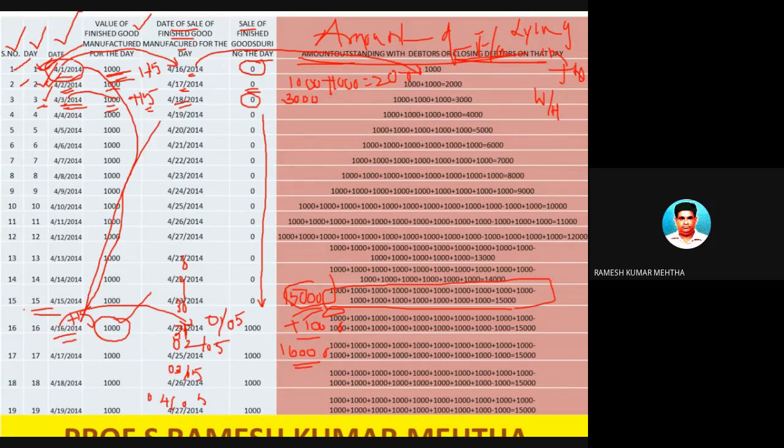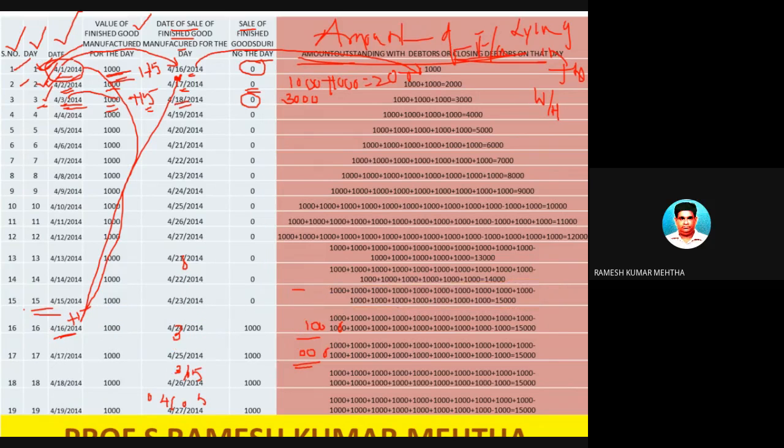If you remember, this was the date on which I am going to sell. So on 16th April, I am going to sell 1,000 rupees of goods. So total accumulated till 15th was 15,000. We have manufactured on 16th another 1,000 rupees. So 15,000 plus 1,000 is equal to 16,000.